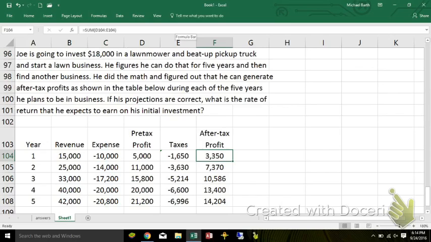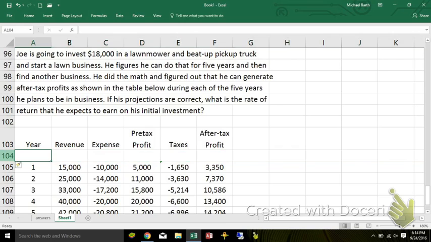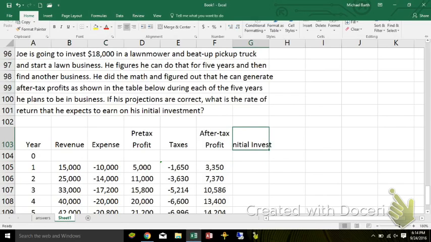Okay, piece of cake. The easiest way to do this is just to add a row into our table. At year 0, his initial investment will be a cash flow.